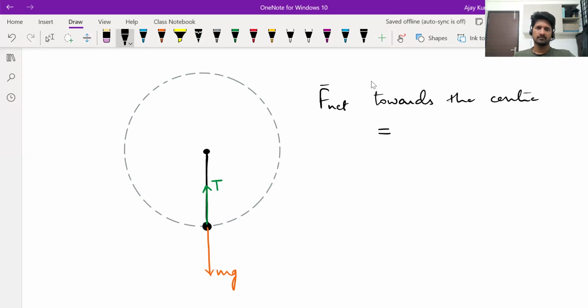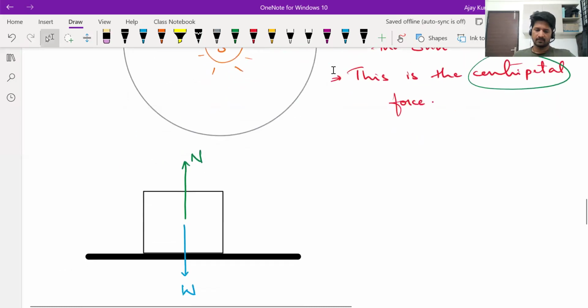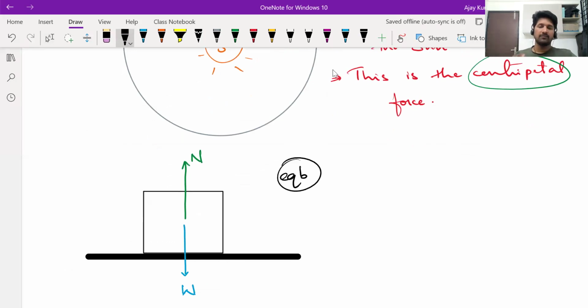Consider this case itself, a block resting on the ground. It's in equilibrium. If I ask you, how much is the net force in the upward direction, or in the vertical direction? What is your answer? 0, sir. Correct. Net force in the upward direction is 0.